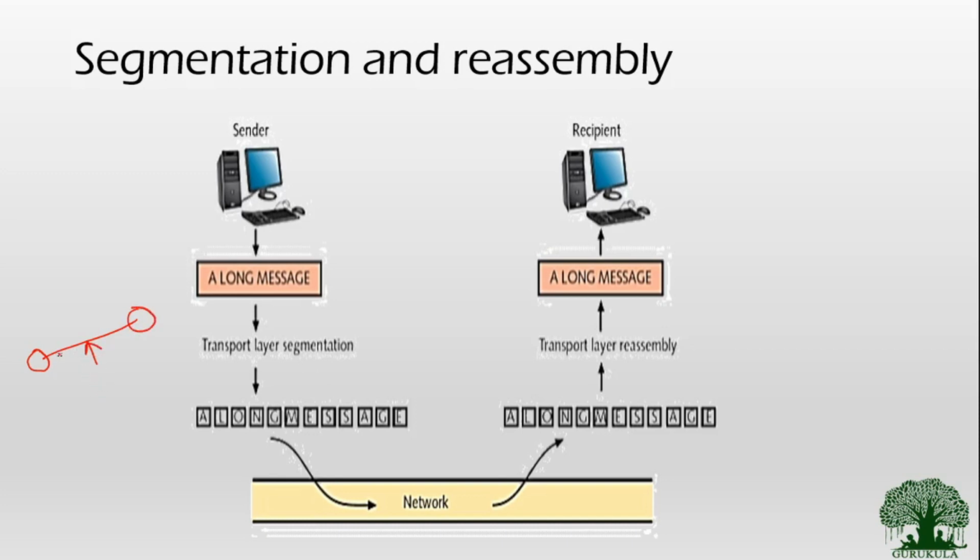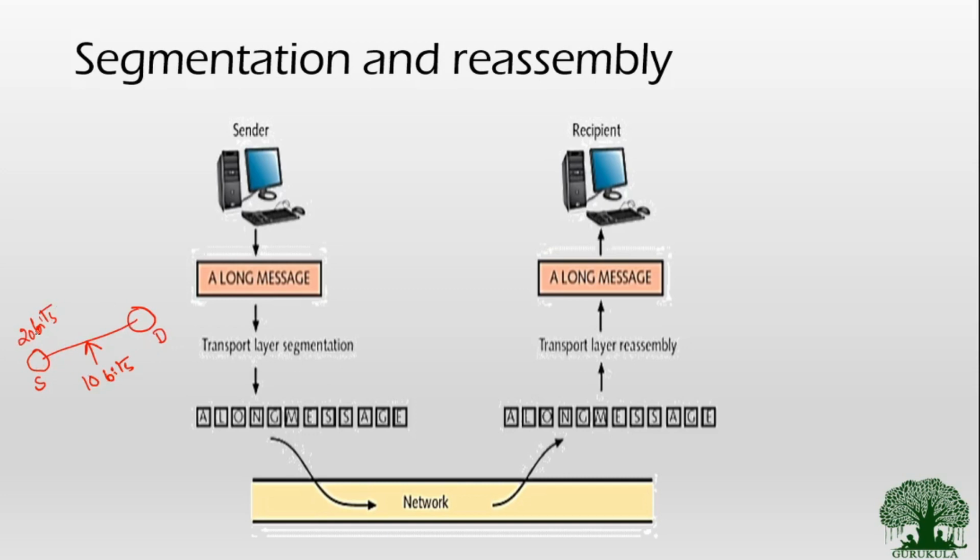Let us say this particular link can handle only 10 bits at a time. If the message generated by this sender device is 20 bits, which I have to transmit from source to destination, then this link could not handle 20 bits at a time.